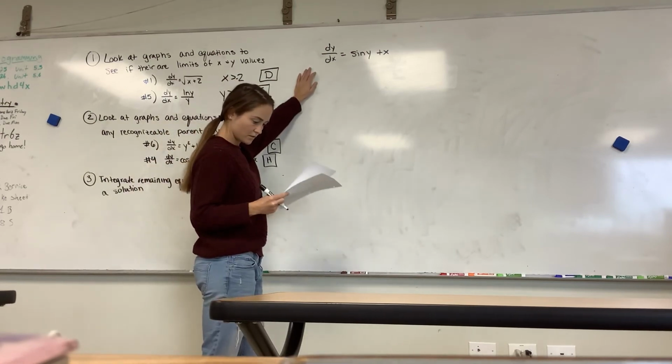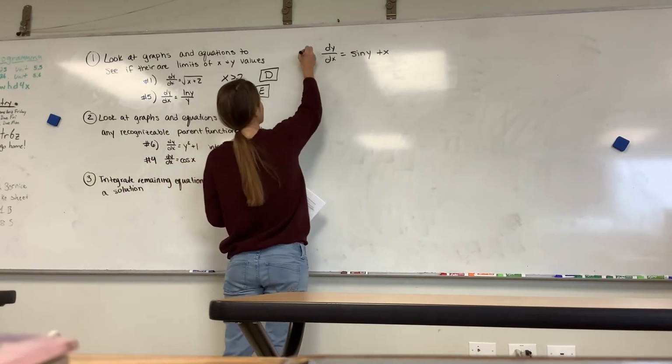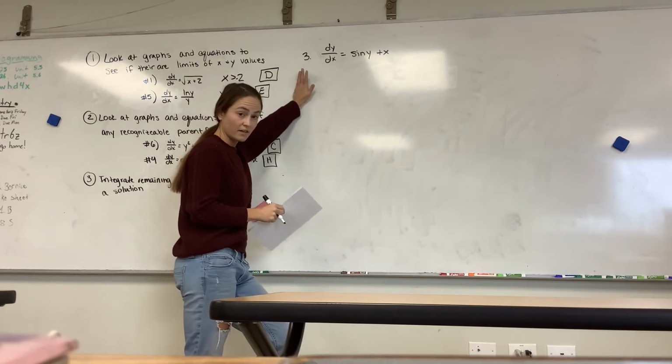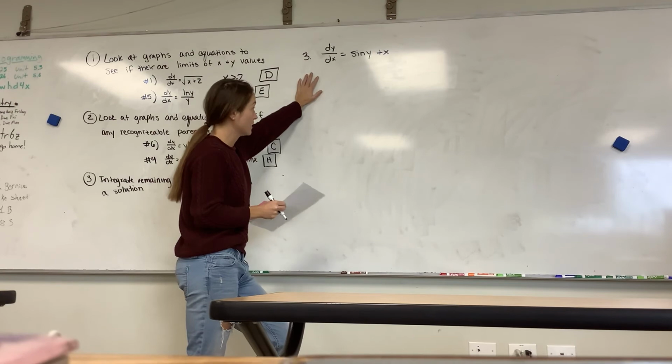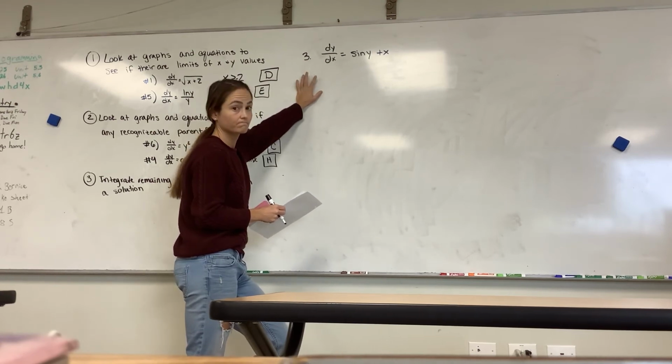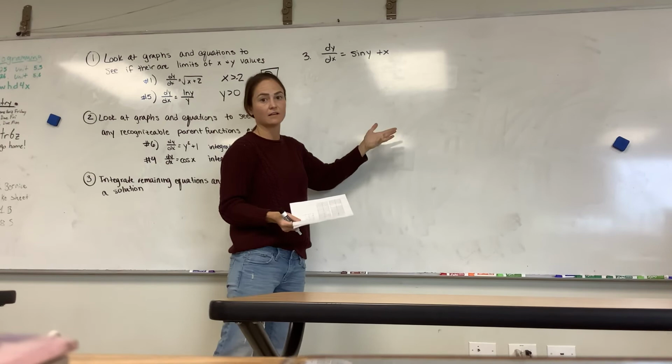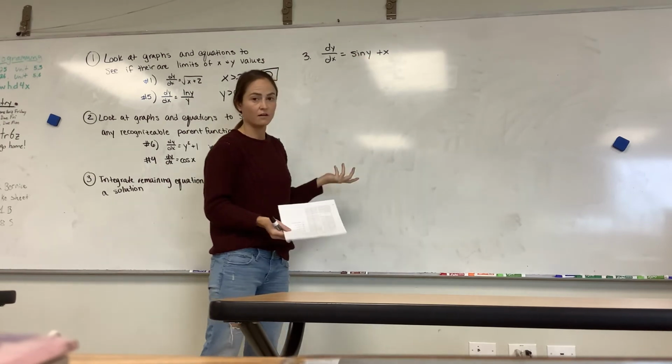This is number 3. You could try this, but what I hope you would notice is that there's no way for me to separate these variables. Right? If I multiply this by dx, I have to multiply this quantity by dx. And then there's no way for me to pull out sine of y.